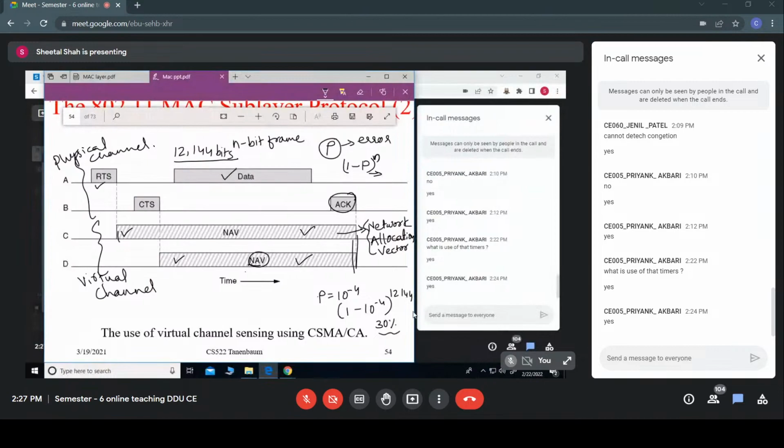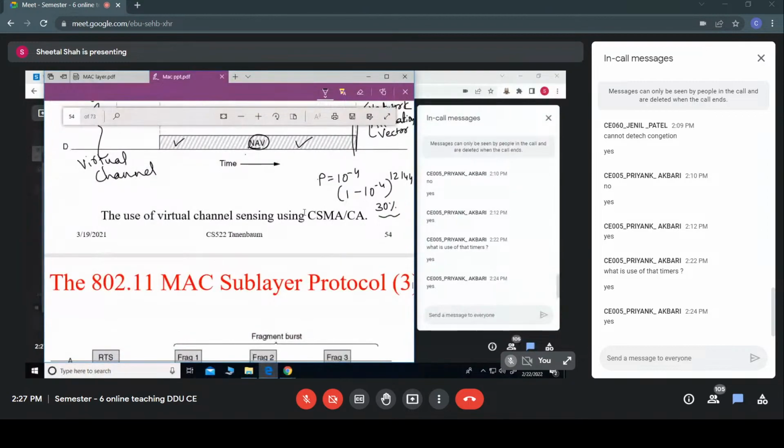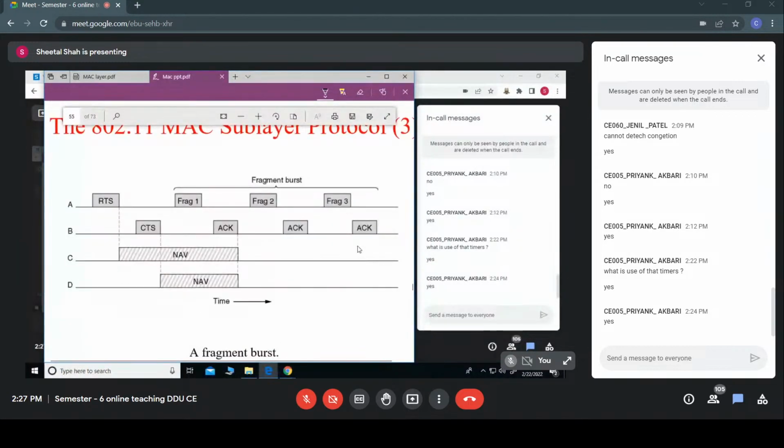Okay, so instead of having a bigger sized frame, it can be divided into smaller sized pieces to reduce the probability of erroneous frames. It is divided into fragments. You can see that the frame is divided into a number of fragments. You know what a fragment is, isn't it?